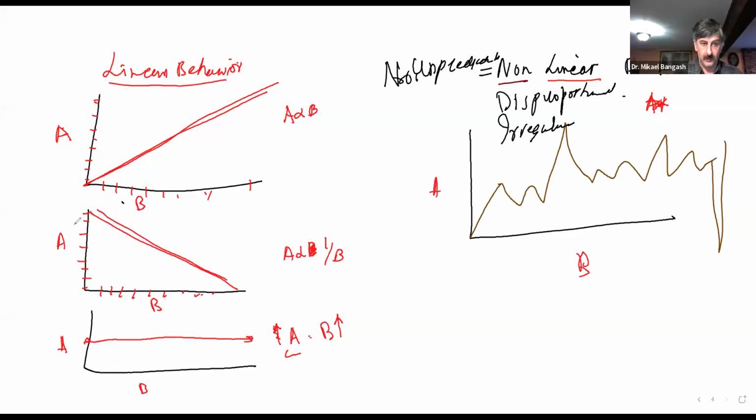But generally speaking, what we can say is that a linear behavior is when you relate two factors to one another and they display a straight-line behavior. It could be directly proportional, inversely proportional, or the value of A remains the same although B may be steadily increasing.